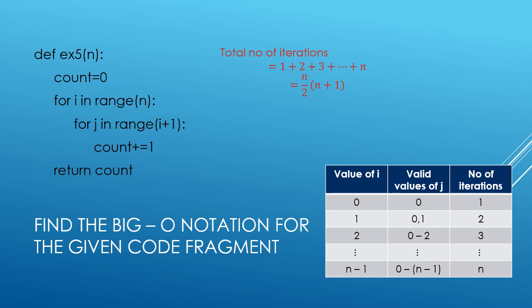Total number of terms is n divided by 2. In the bracket, we write the first term and add it with the last term. Now, when you simplify this, you will get n squared upon 2 plus n upon 2. And from this expression, I can say that the code fragment is O(n squared).